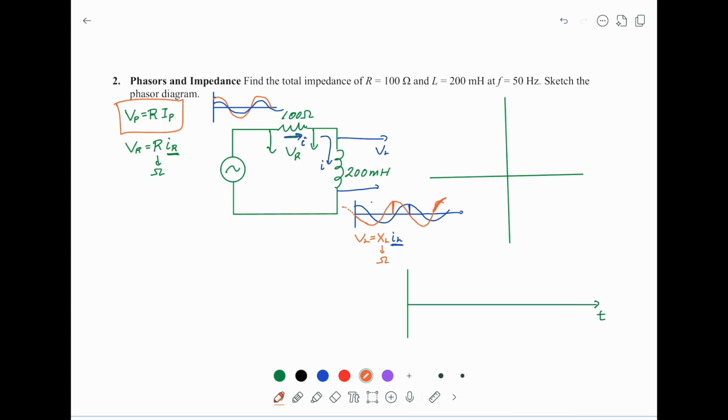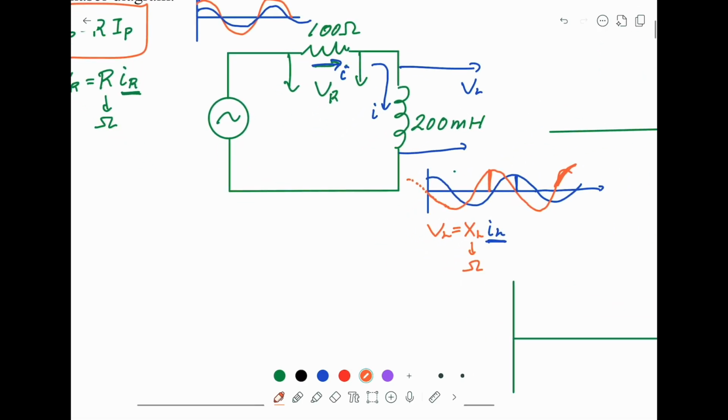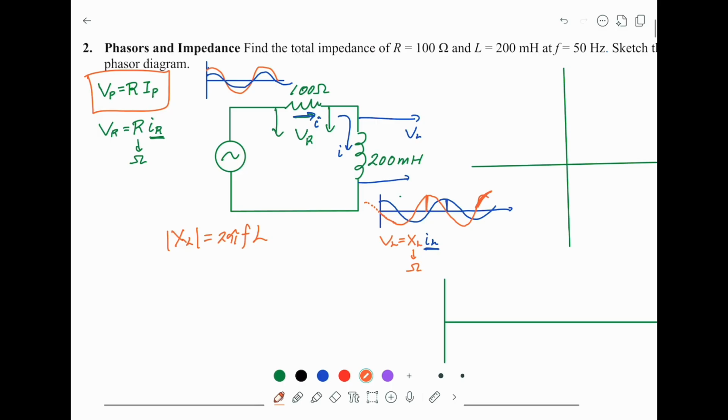Now, nevertheless, we can write this one in magnitude. So we'll say, if you go through all the theory, the XL, or the magnitude of the XL, is equal to 2 pi FL. So you can see XL has a similar function as R here, but one important thing is the F, it depends on the frequency.